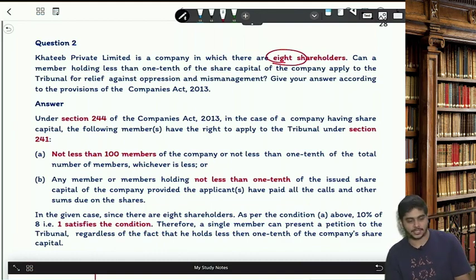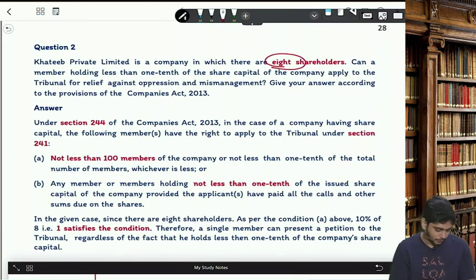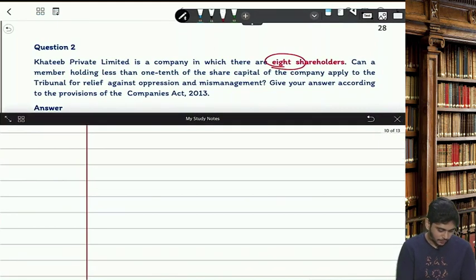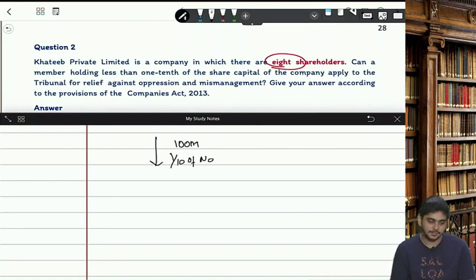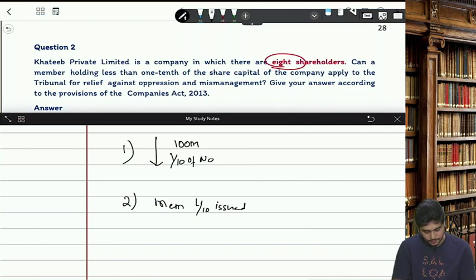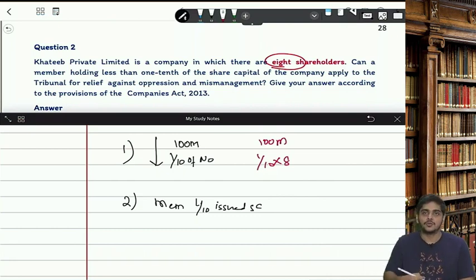So this is about the application, guys. Section 244, wherein you have studied the first category: 100 members or 1/10 of the total number of members, whichever is less. The second category is members holding 1/10 of the issued share capital of the company. Now, 1/10 of 8 members is 0.8, so it would be left as a fraction. So you round it off to 1.